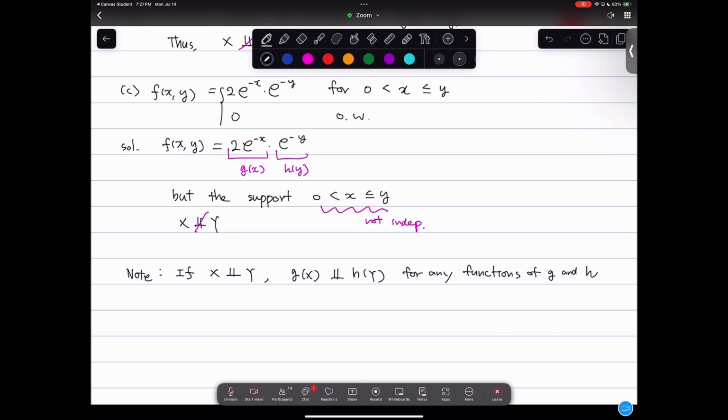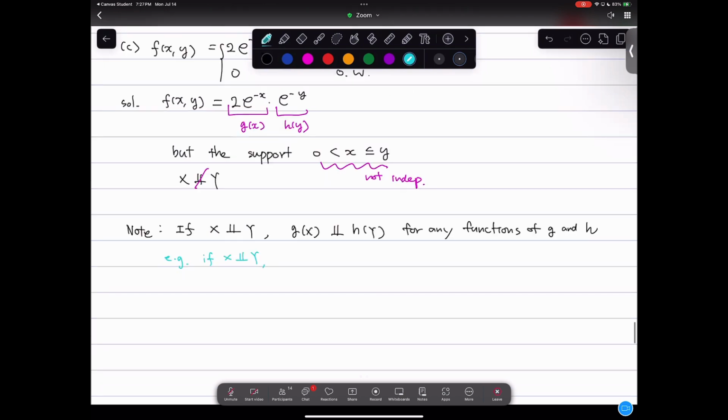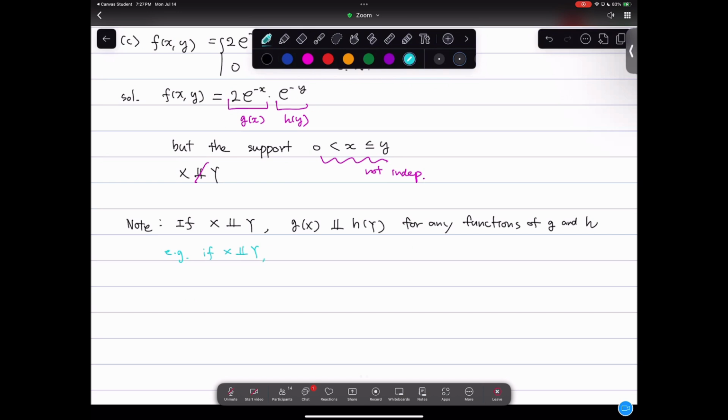For example, if I know x and y are independent, then x squared, which is a function of x, and 2 times y, a function of y, are also independent. So that's what it means.